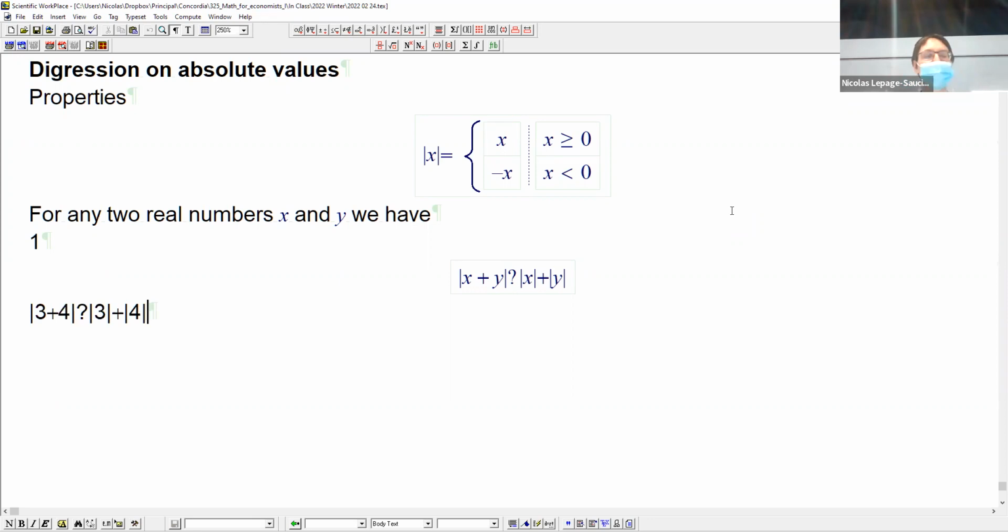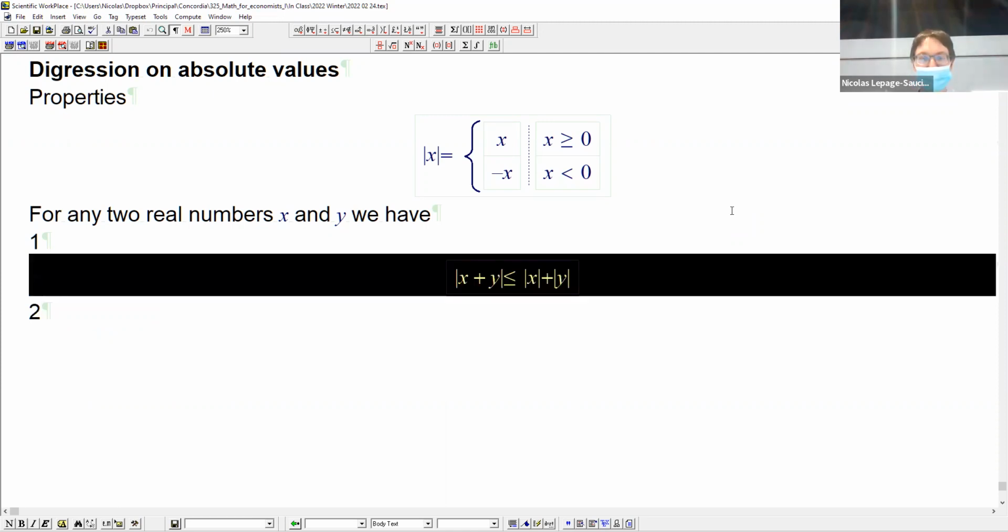In that case, that's equal. So this is smaller or equal to that. It could be the same if both are positive. But if one is positive and one is negative, or both are negative, if they flip sign, yeah. So that's property 1, 2.